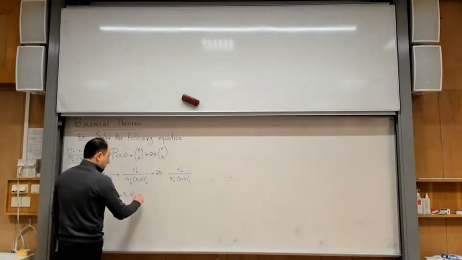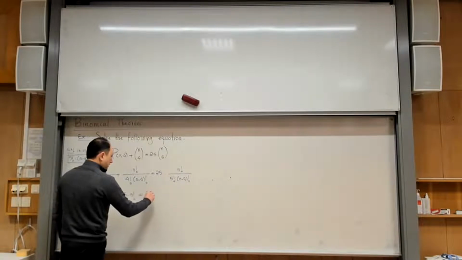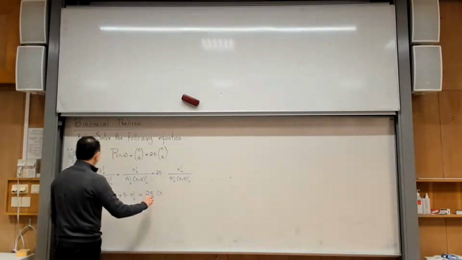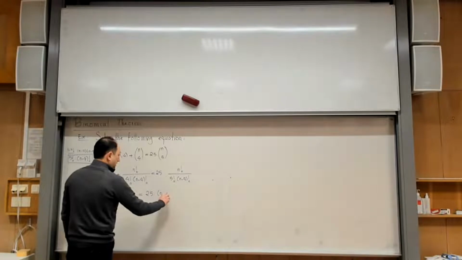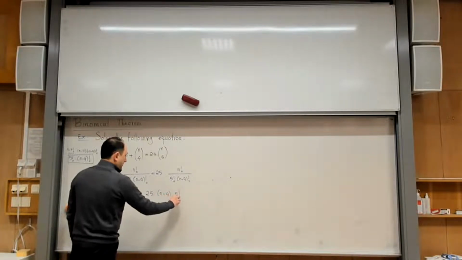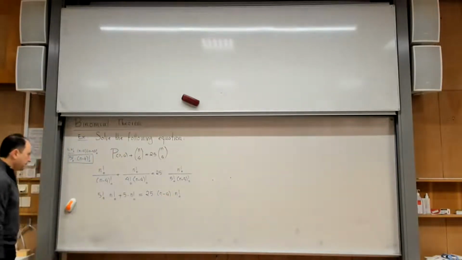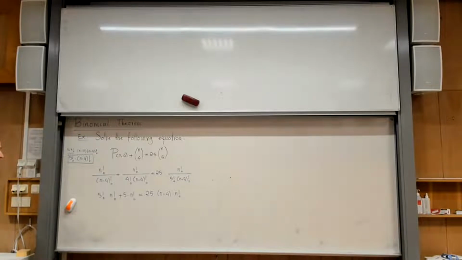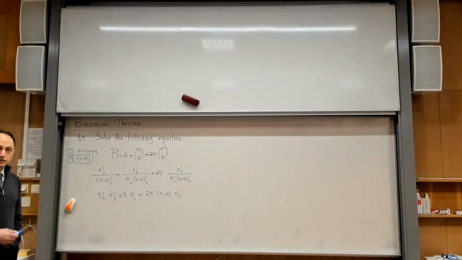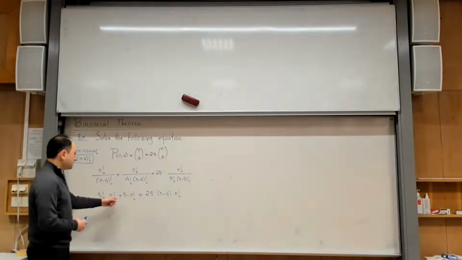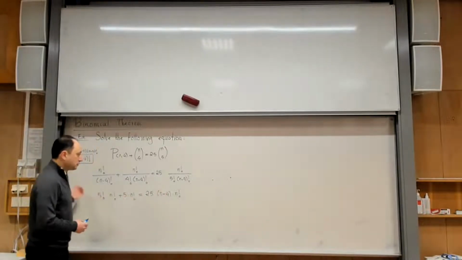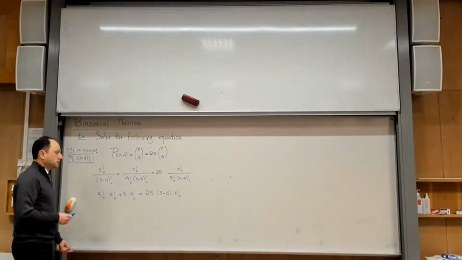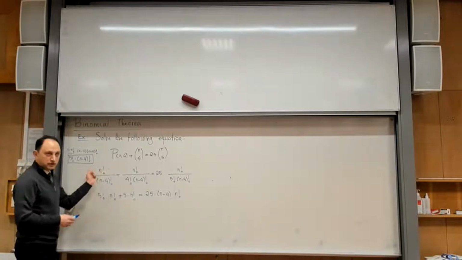So it becomes equal to 25 times n minus 4 and then times n factorial. Yes, is that understandable? Yes or no? Okay. And then, of course, you see that we have a factor of n factorial appearing everywhere, so I can just get rid of it. I could get rid of it first, yes, it doesn't matter.